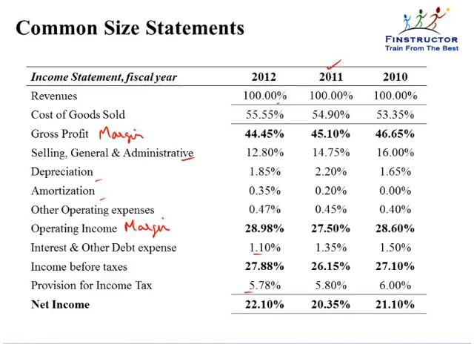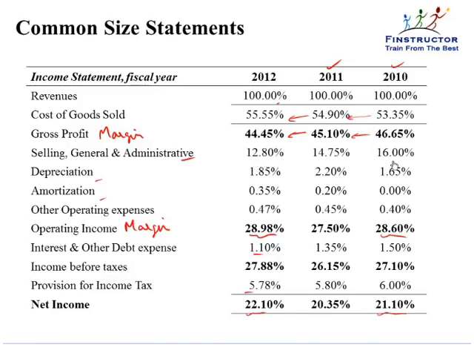Similar calculation has been done for each of the preceding years. So the common sized income statement shows that even though the company's gross profit margin has been coming down, you see the raw material costs as a percentage of sales have been going up over the past couple of years. Company's operating margin and net margin has pretty much been intact, rather marginally improved because of good control over other costs.